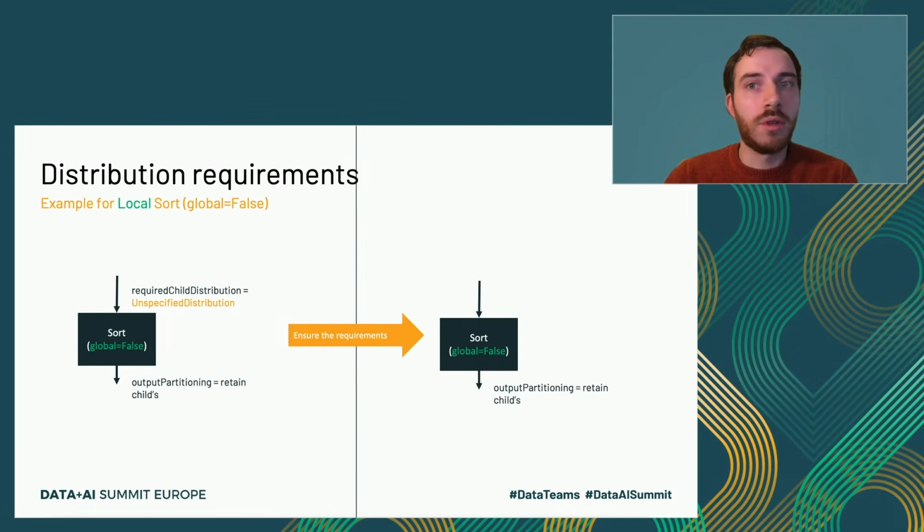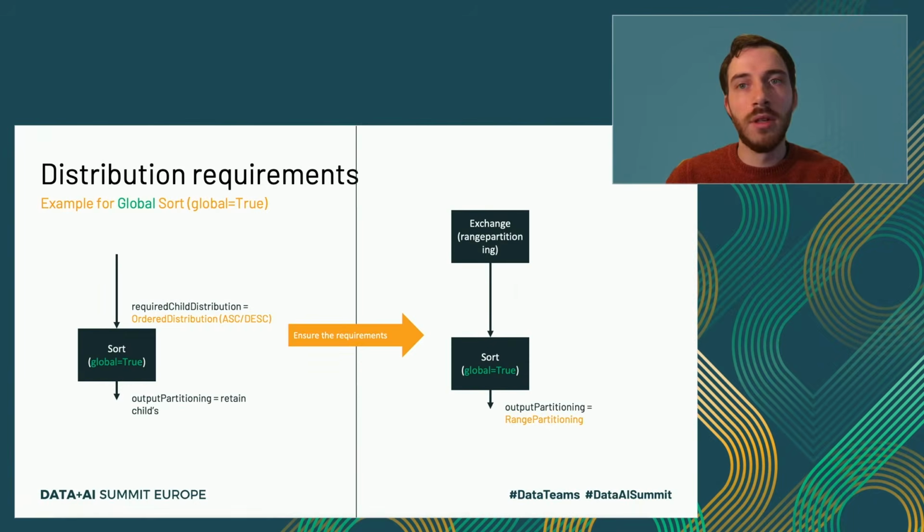So just to make this a bit more concrete, let's go back to the sort operator. If you want to do a local sort, you do not have a required child distribution, and thus when the ensure requirements rule is applied, it will not add an exchange because it's not required to have a certain distribution for this local sort. But if you want a global sort, then the required distribution will be an ordered distribution.